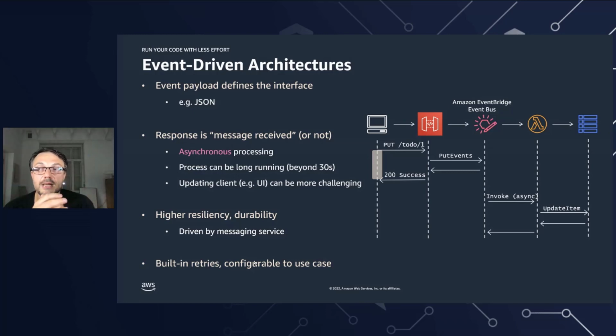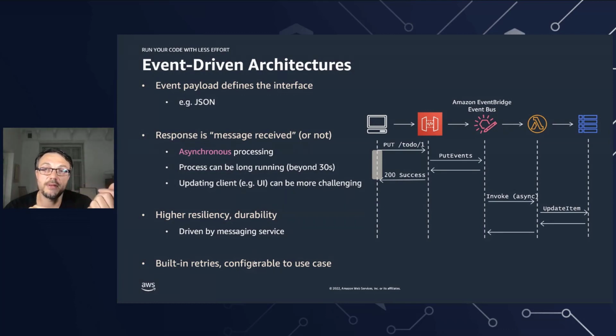And again, here serverless, Lambda, EventBridge, API Gateway, and all other AWS services will help you a lot. So you can start implementing event-driven architectures and decouple your microservices and your architectures.